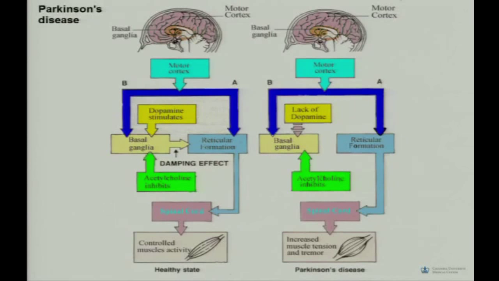So Parkinson's disease is a degenerative disorder that is focused on one particular part of the cerebral cortex called the basal ganglia. So while Alzheimer's is really affecting the entire brain and the entire cerebral cortex, Parkinson's is particularly affecting the basal ganglia.